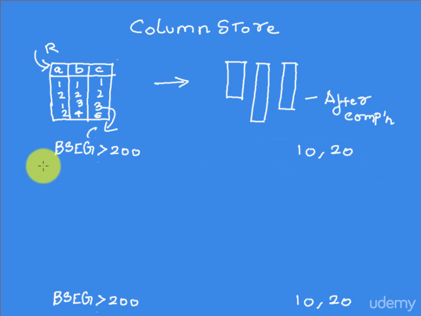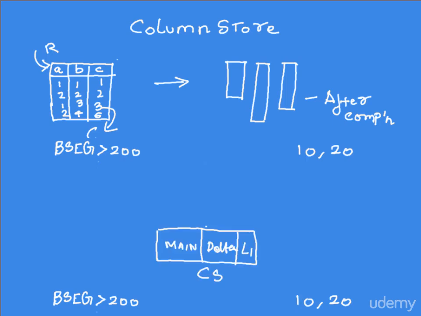When you convert this to an actual example in a SAP ERP system, we can take the example of the BSEG table, which is a very important accounting table in the SAP ERP. It has more than 200 columns. Now, most of the time, you don't use more than 10 to 20 columns. Therefore, converting a table like BSEG to a column store will make it much faster to process and to run queries on top of BSEG.